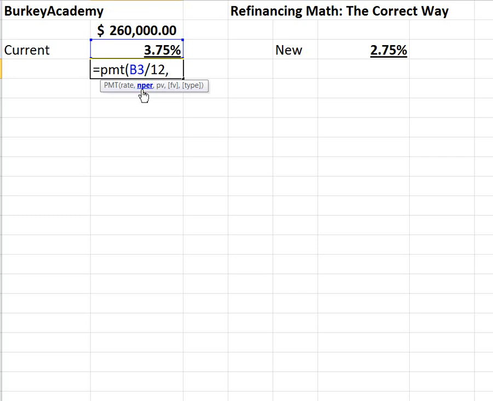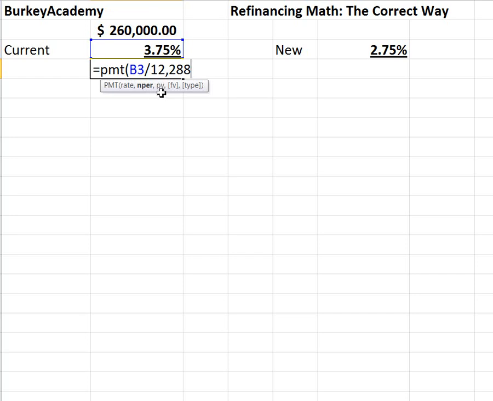I don't want to extend the life of my mortgage to 30 years from today because I've already had a 30-year mortgage for 6 years now. So what I want to do is just refinance it over 24 years. I don't want to make it any longer. So the current payment might be 24 years times 12 equals 288 payments. So that's what I'm going to put here, 288 payments.